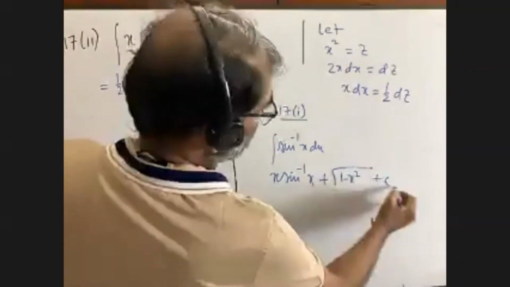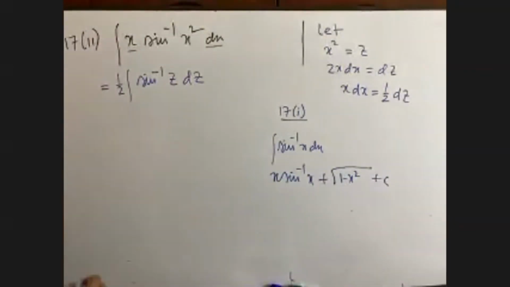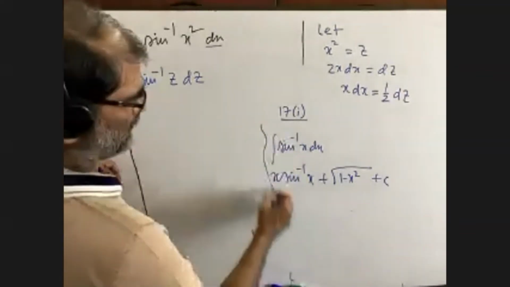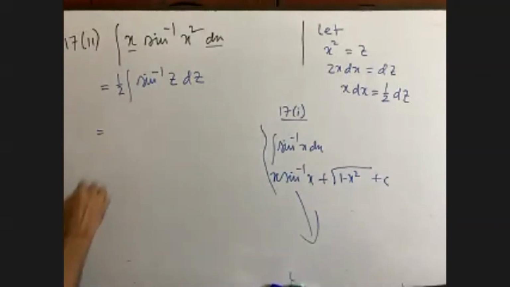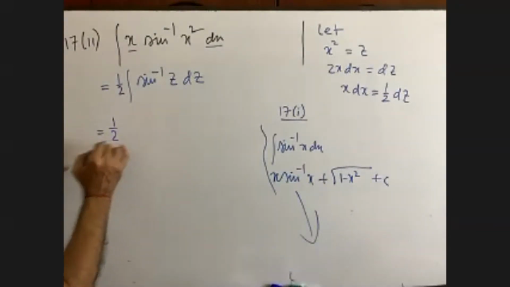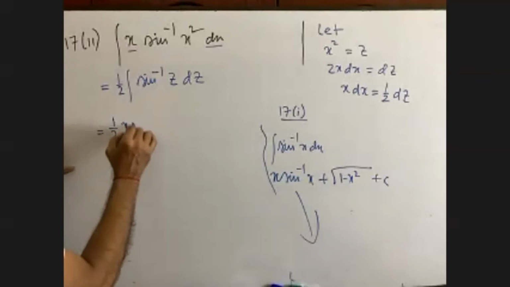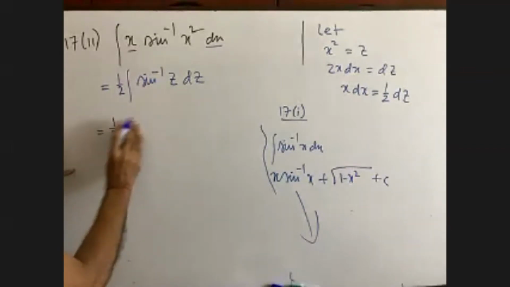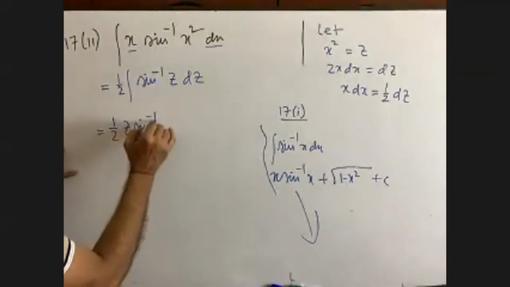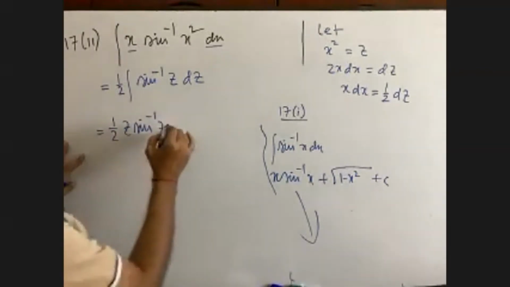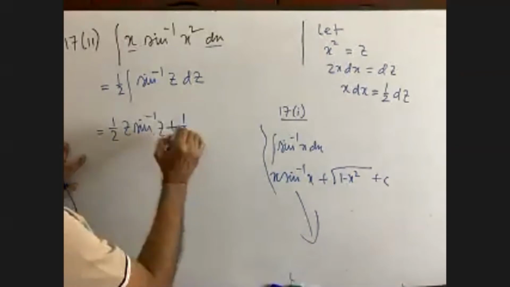Okay, it was the answer. I am not going to do this. After this you will do this part wholly and fully, 17.1. You write down after this half z sine inverse z plus half.